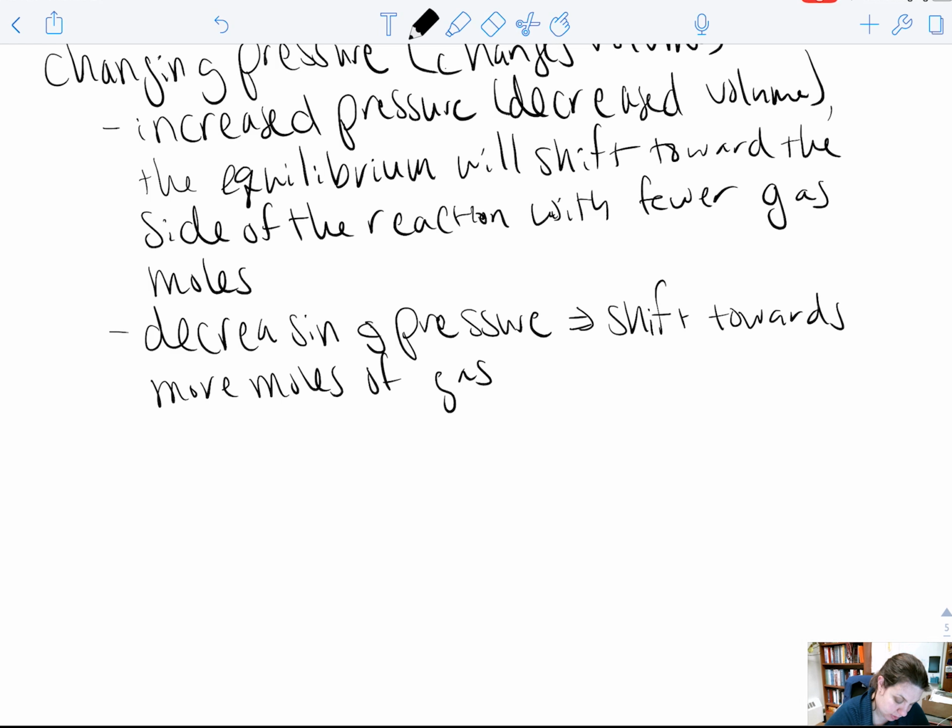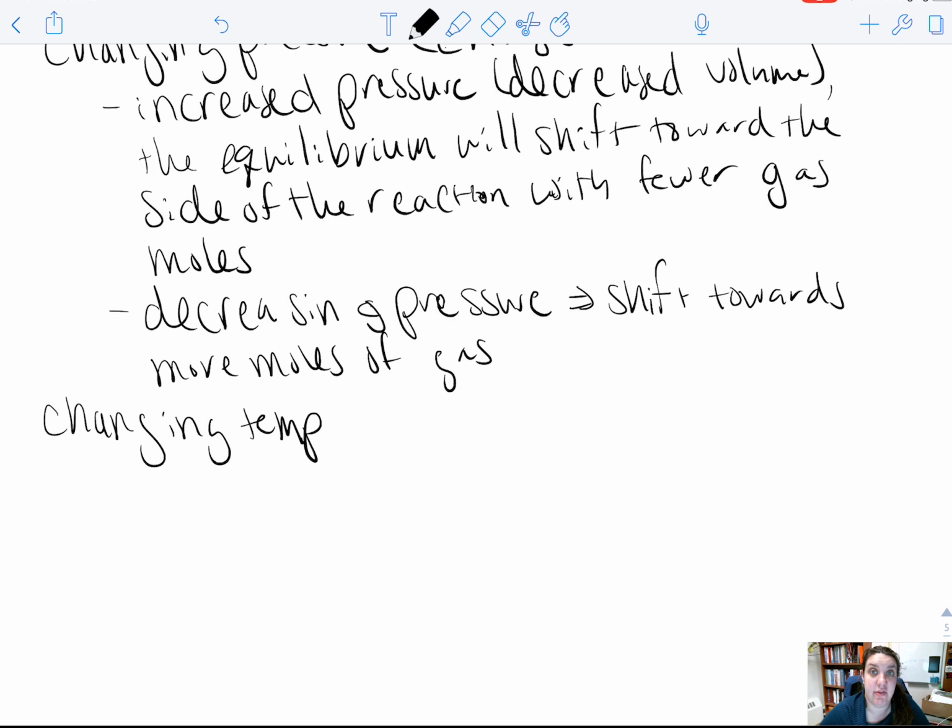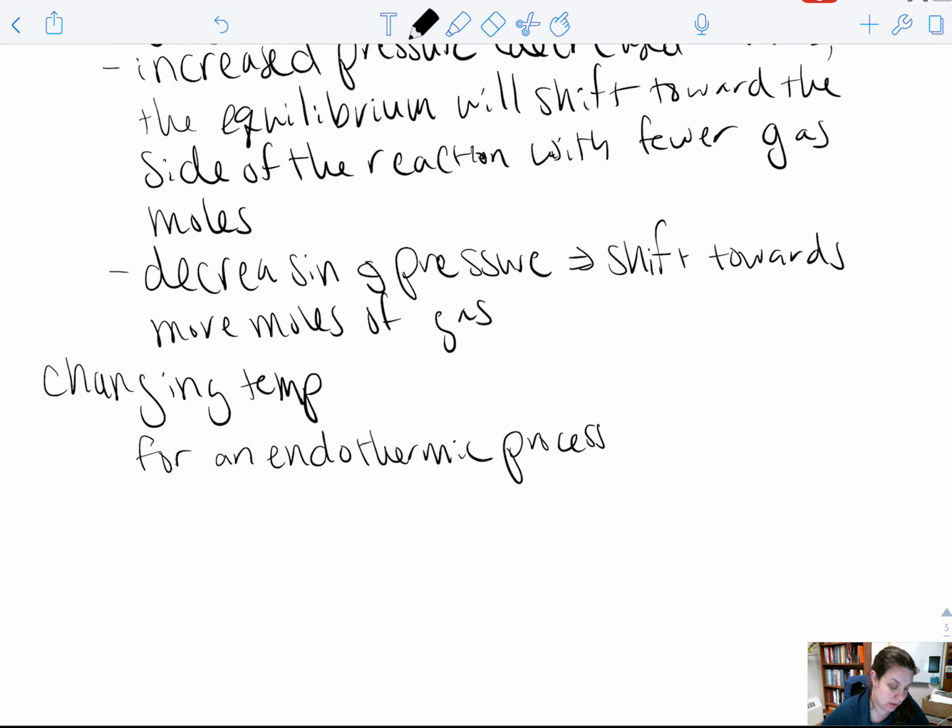Okay, changing our temperature. Increasing or decreasing our temperature depends on if we have an endothermic or exothermic process. For an endothermic process, so something that requires heat, when we increase temp, the equilibrium will shift towards products.